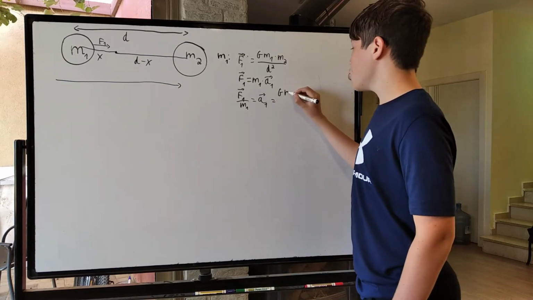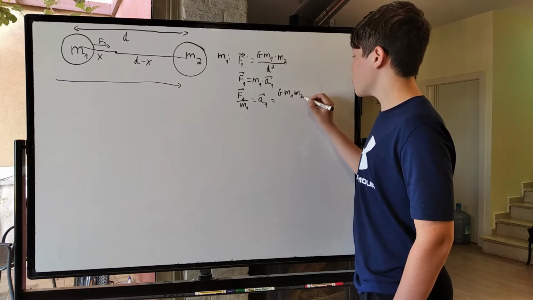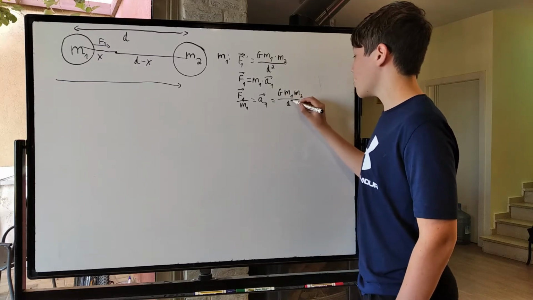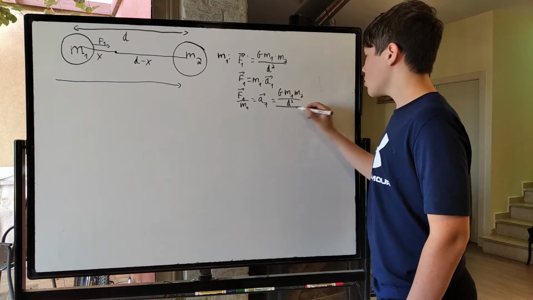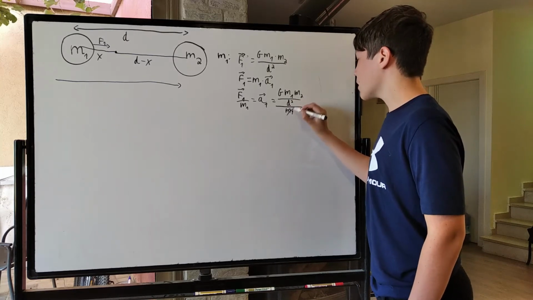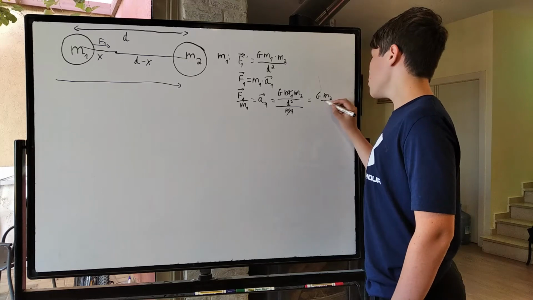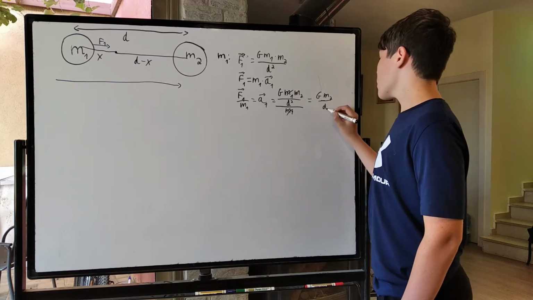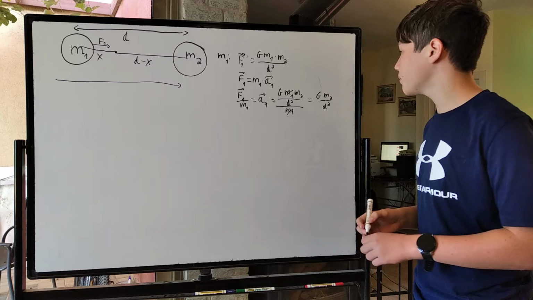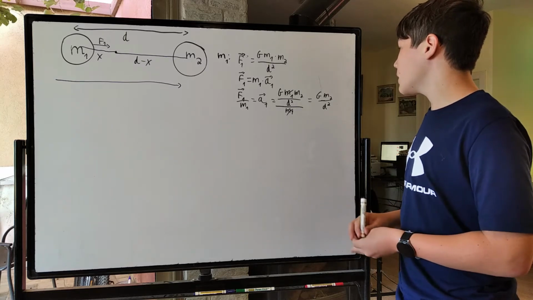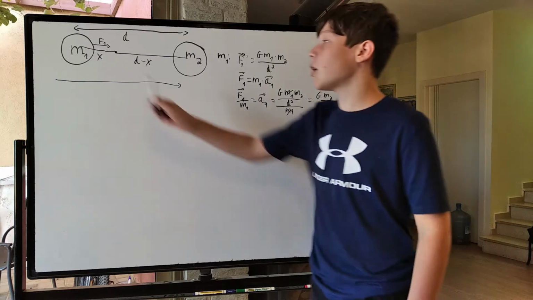And so we have G m1 m2 over d squared, all over m1. Then we can cancel out m1, and we get that this is G m2 over d squared. So this is the acceleration of m1.